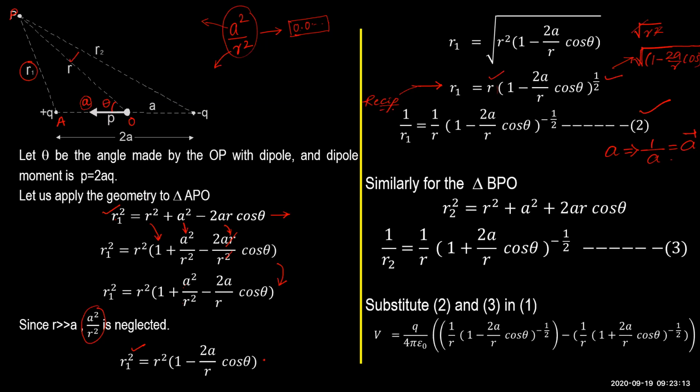And we have taken r1 square according to the geometry of the triangle AOP, right? So after making many changes, finally we get an equation, that is equation number 2. So up to this, do you have any doubt or any question up to this?